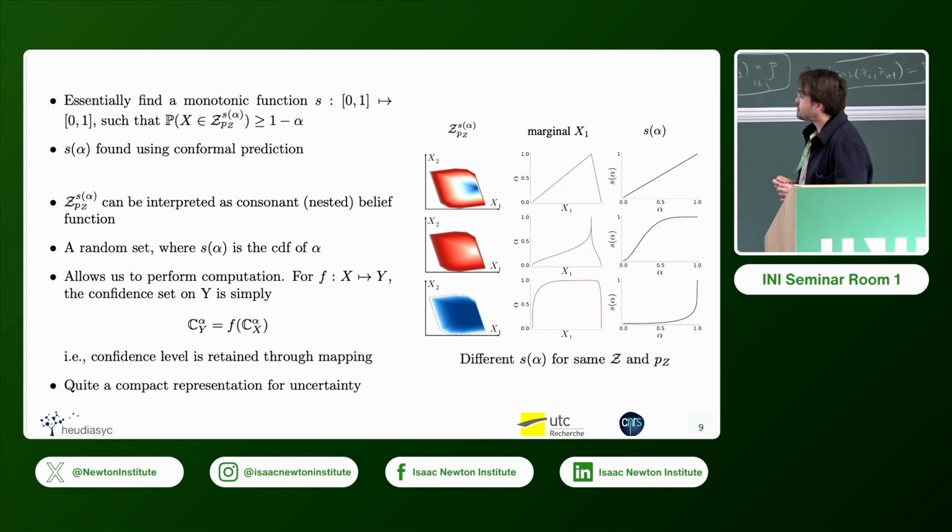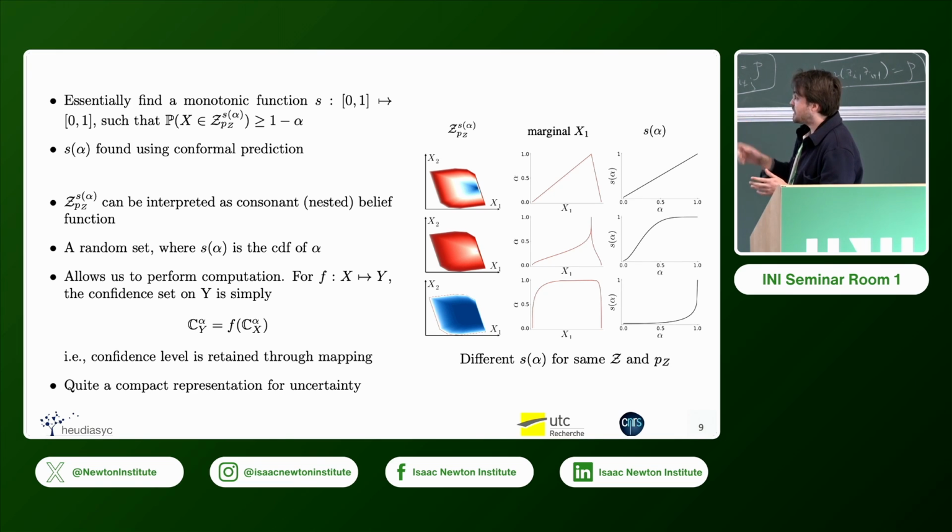We're going to use conformal prediction to do so. There are a couple of ways to interpret these sets. You can interpret them as nested random sets, where S is the CDF. If you were to take a random sample from the CDF, you'd get a random zonotope. This may seem a bit strange, but this interpretation allows us to propagate these sets further.